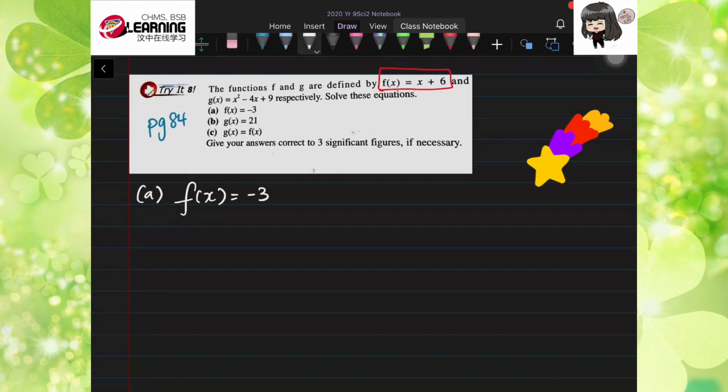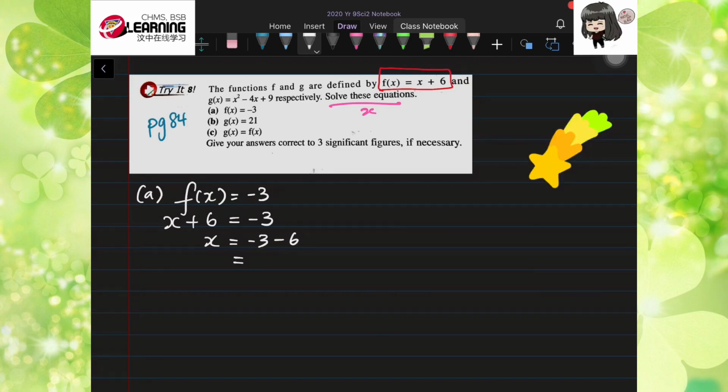So x plus 6, which is your fx, is also equal to -3. You need to solve the equation, which means you need to find the x. Plus 6 becomes -6, and it's -9. Yes, that's your answer for part A.